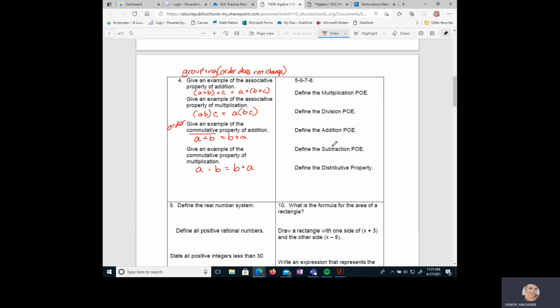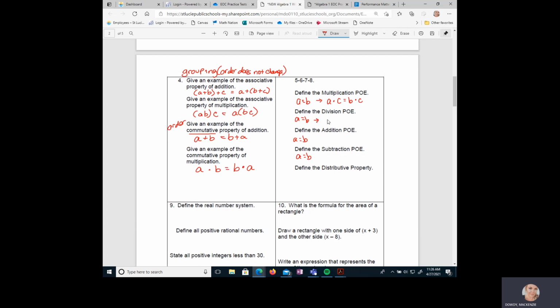Number 5, 6, 7, and 8 all go together on the workspace. Okay, multiplication property of equality. So for all of these, A is going to equal B. Same thing, A equals B. Means A and B are the same value. So for the multiplication property of equality, if A and B are the same value, then A times C is the same exact thing as B times C, same value.